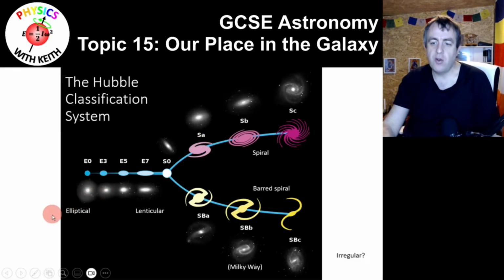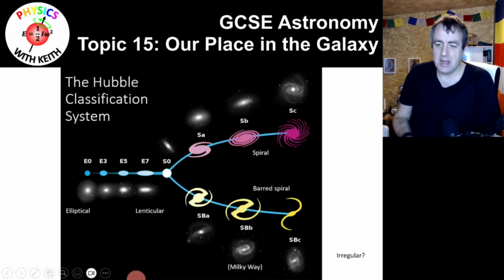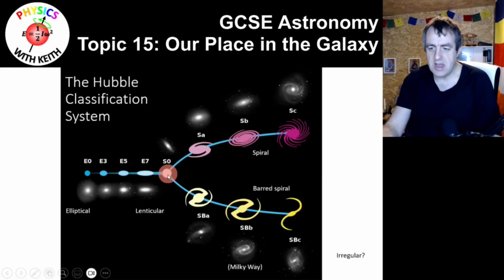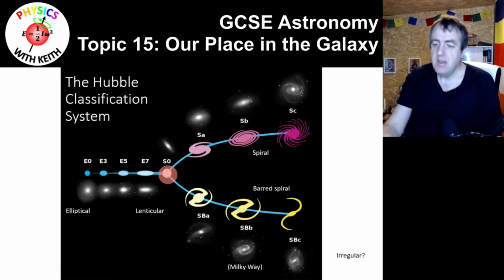And the more squashed the elliptical galaxy is, the more lenticular it becomes. But I don't think I saw the word lenticular on the specification, but there we go. So a perfectly spherical galaxy, maybe an S0 galaxy. The Milky Way is actually an SBB, a spiral barred galaxy of this type here, and so on.